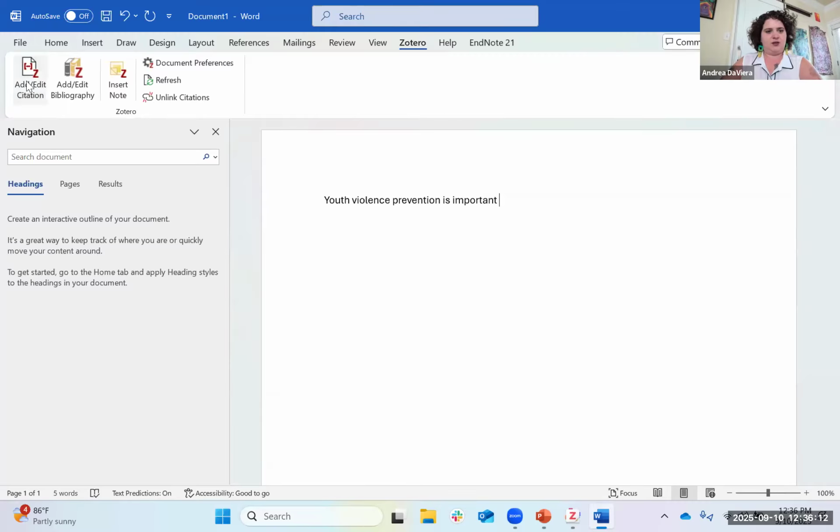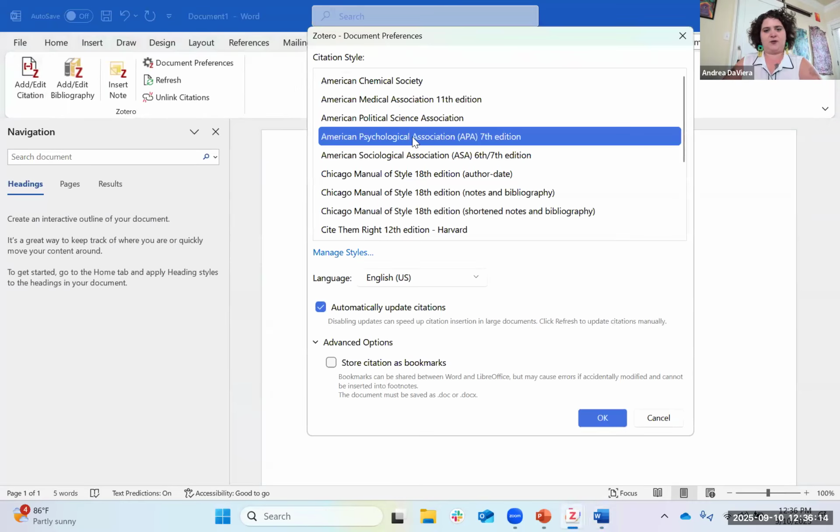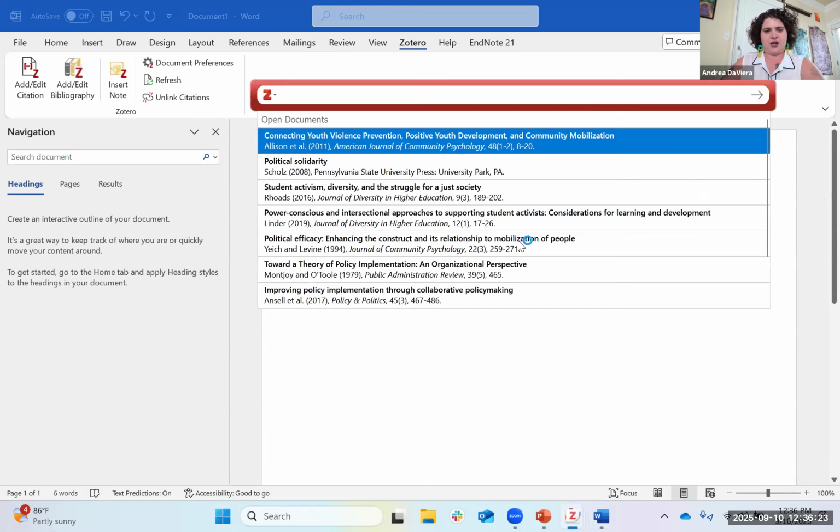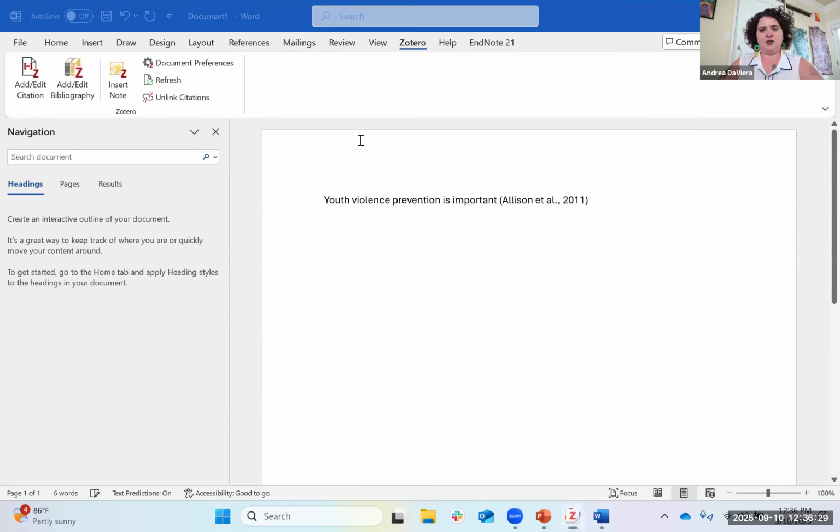So the way you do that, add edit citation. The first thing it'll ask you is what type of citation style. So I'll use the APA 7th edition. And then there it is, because it's an open document, they've already pulled it up for me. When I hit enter, it just pops up.